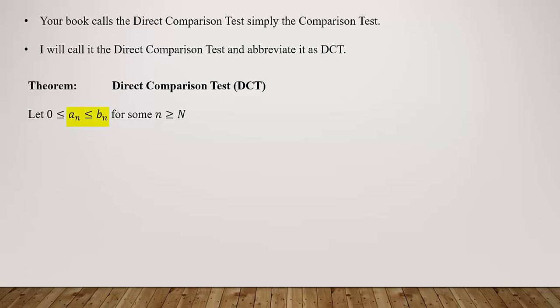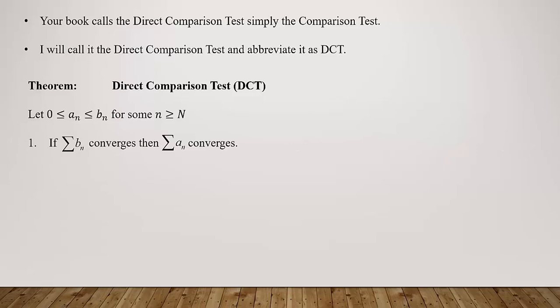Before I go with the rest of the theorem, just think about this for a minute. A sub n is less than or equal to b sub n. If I know the series b sub n converges, doesn't it make sense that something smaller than that, the series a sub n, would also converge?